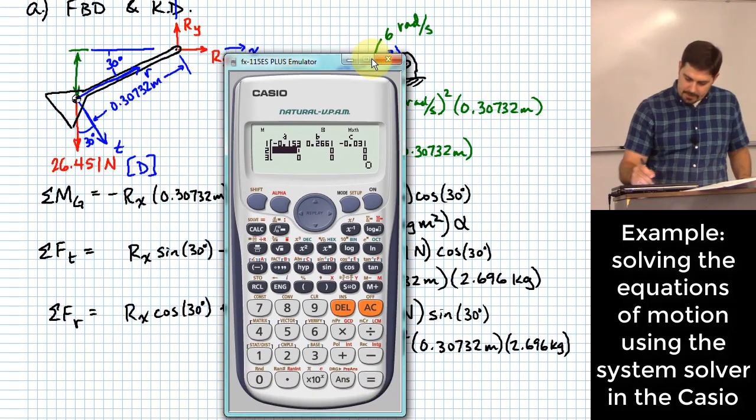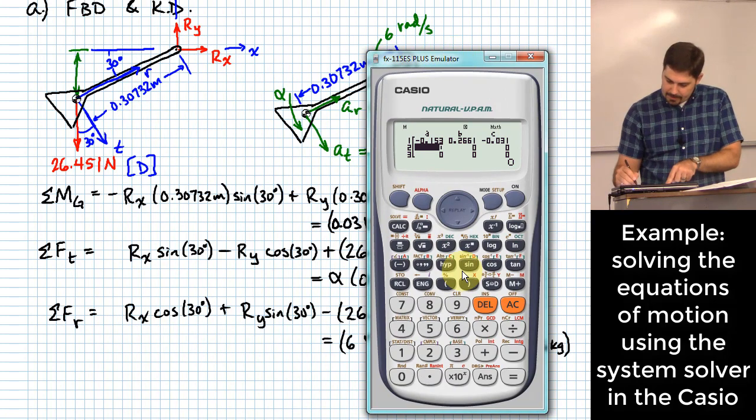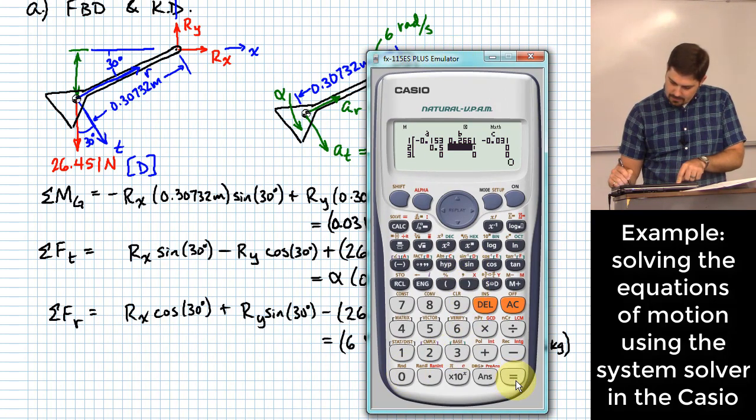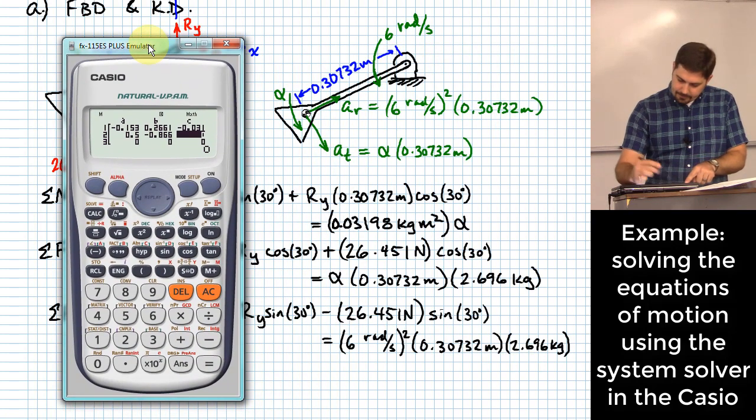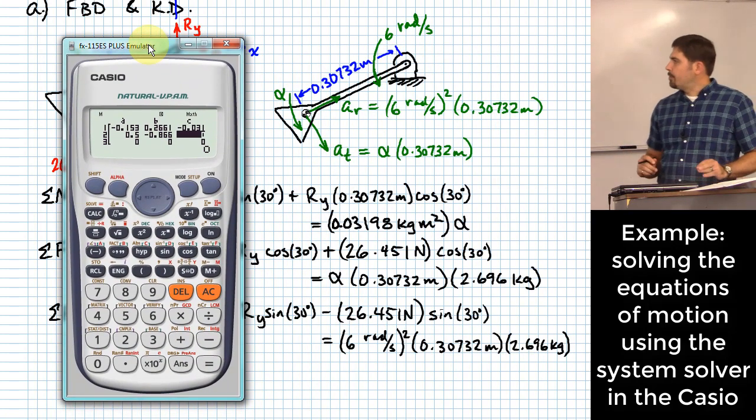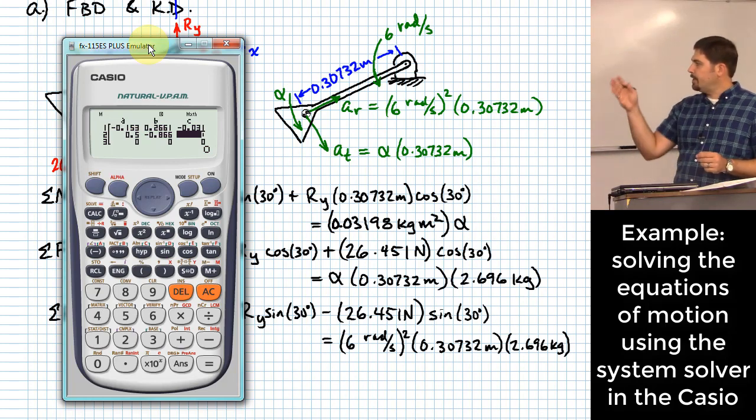Next equation, I put in sine 30, negative cosine 30. Where do I put that weight term? That'll go on the other side of the expression. Here I want to put the coefficient of alpha.